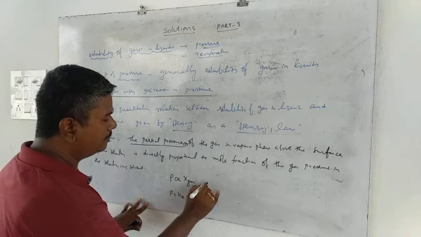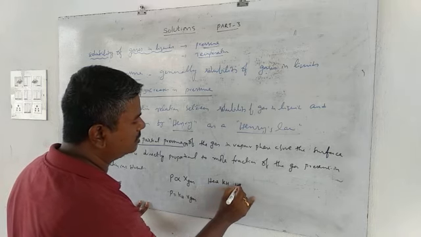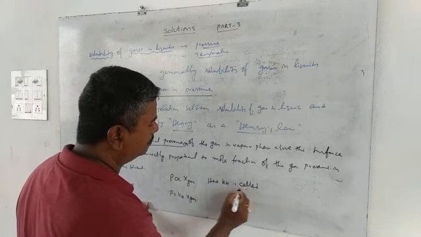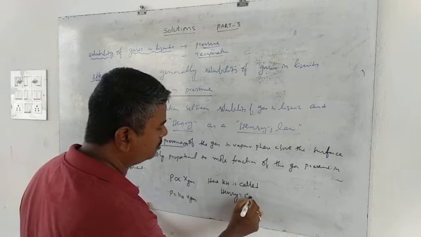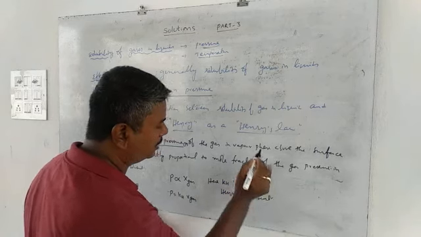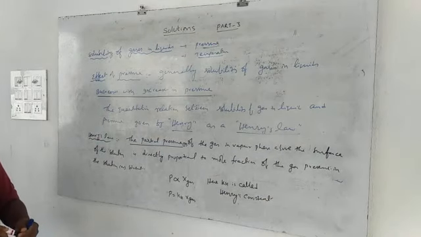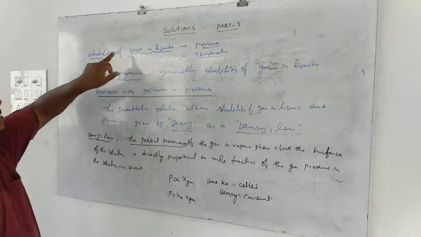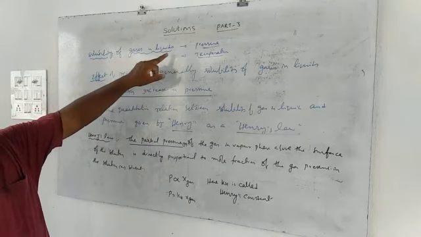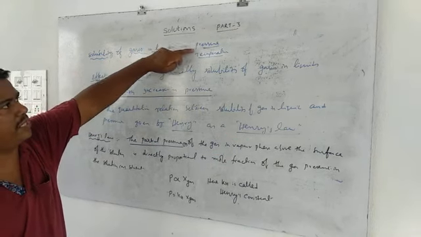So here KH is called Henry's constant. Clear? So that is the relation given by Henry. That means the solubility of a gas in liquid is affected by two quantities, pressure and temperature.